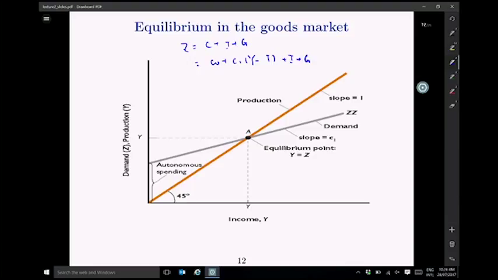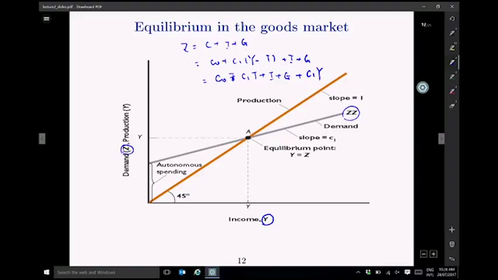We can simply plot this on the diagram where we take income as the horizontal axis and we put demand on the vertical axis. This is given by this gray upward sloping line, right? If you plot aggregate demand as a function of income, we have an upward sloping line. In particular, the slope is given by C1 and the intercept is the whole term plus C1 times Y, right?